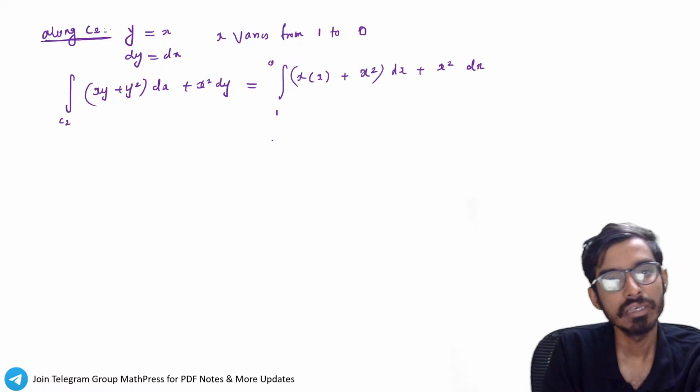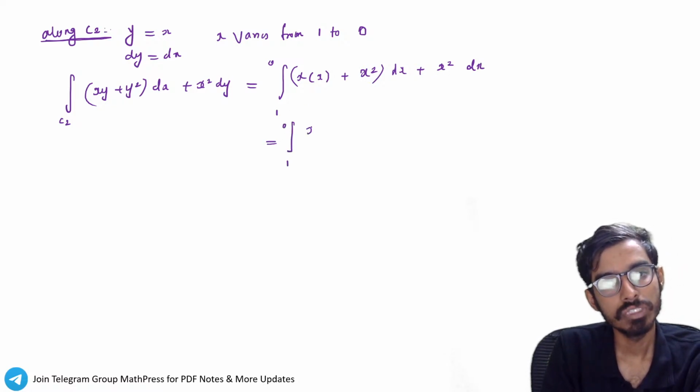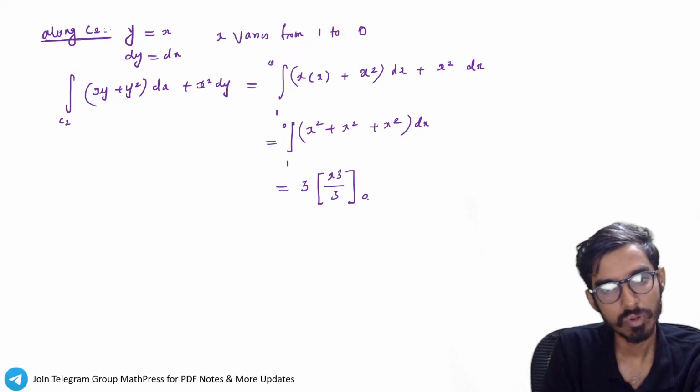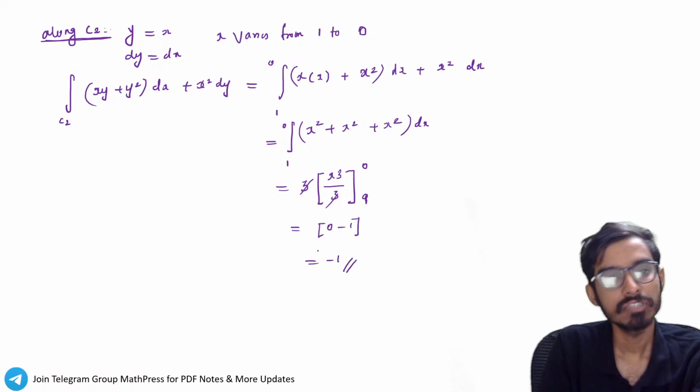It will be the integration from 1 to 0 of x² + x² + x² dx, right? This is nothing but 3x². So the integration of x² is x³ by 3, from 1 to 0. The 3 will get cancelled, so we will have 0 minus 1, which is minus 1.